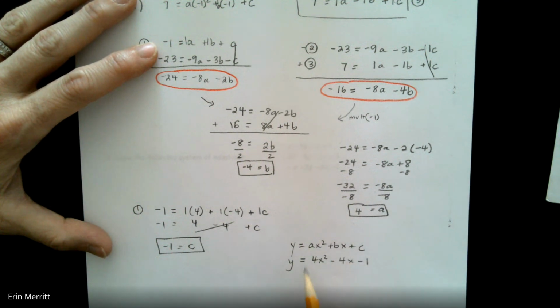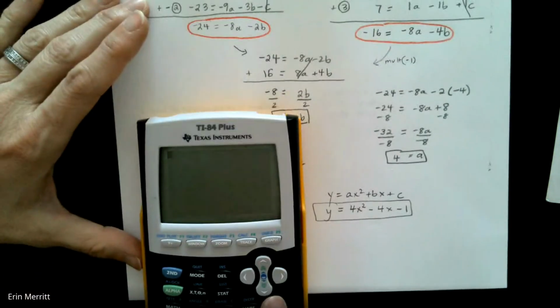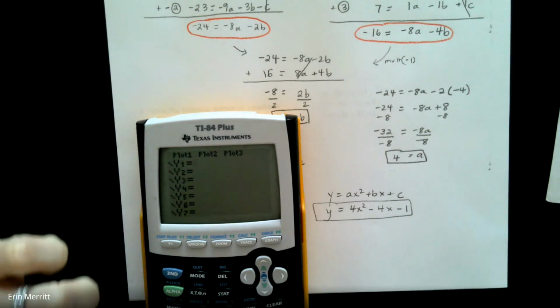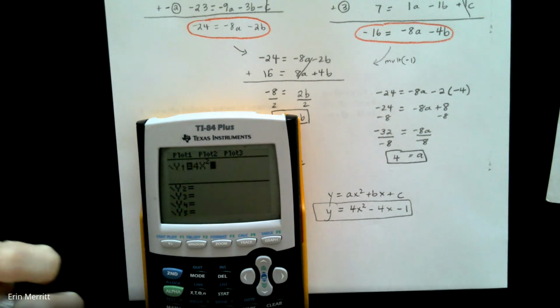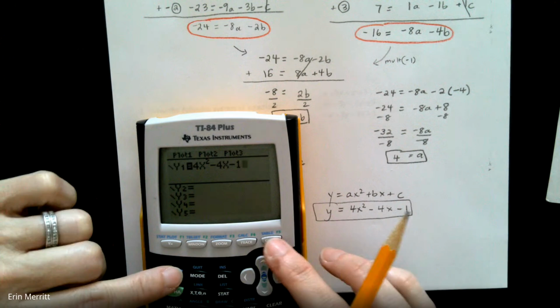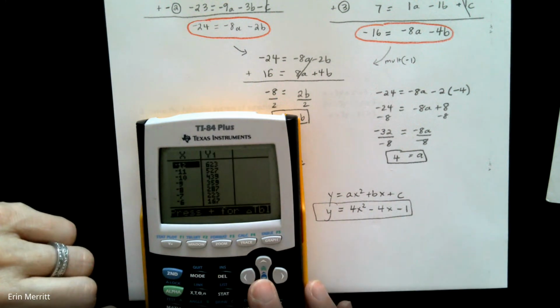I'm going to check this way. If I take the calculator, slide this underneath here, try to slide this up a little bit so you guys can see. If I put in 4x squared minus 4x minus 1, I can either graph it or go right to the table and look for those values.